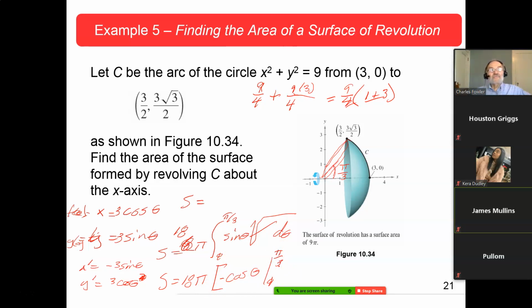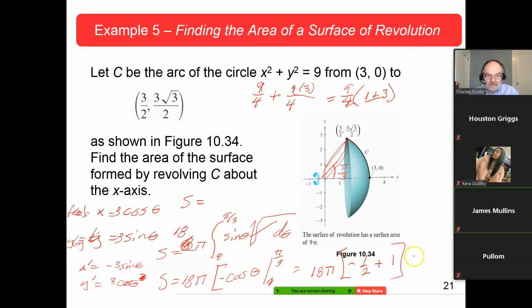Cosine of pi thirds, we've just been talking about it, is 1/2. So that's going to be 18 pi times minus 1/2 minus a minus, which will be a plus 1.